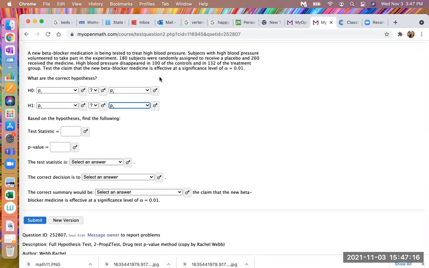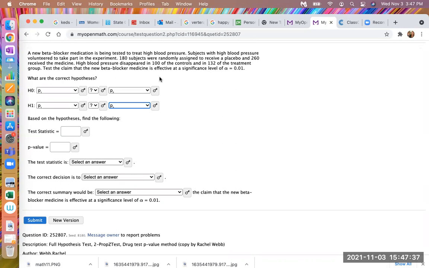There's a larger proportion of people whose high blood pressure disappeared in the treatment group than in the control group, right?